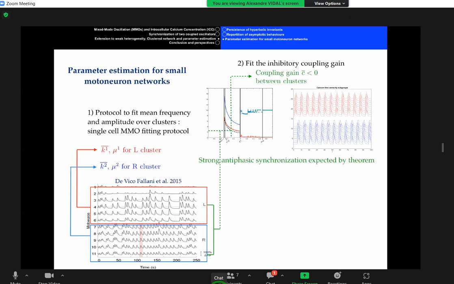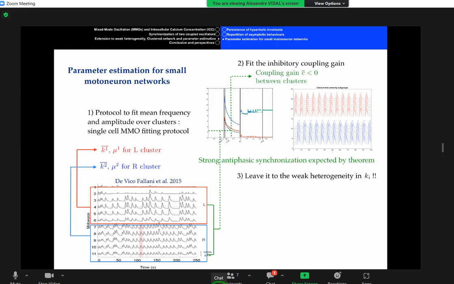So we are able to produce some strong antiphasic synchronization expected by the theorem, even if we consider exactly the same value of the parameter in each cluster.